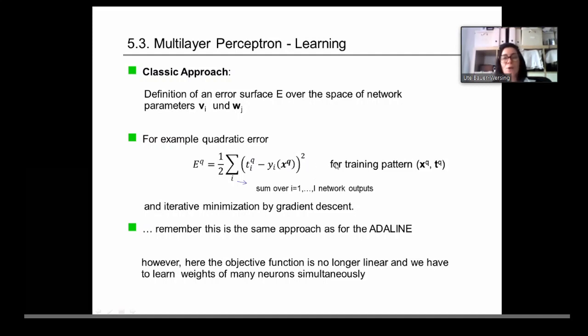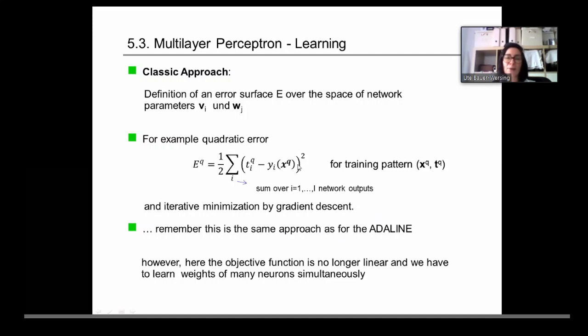So this is the error for a training pattern xq, tq. And as for the perceptron, we are now iteratively minimizing these error surfaces for individual training patterns. This is basically the same approach that we took for the Adaline.